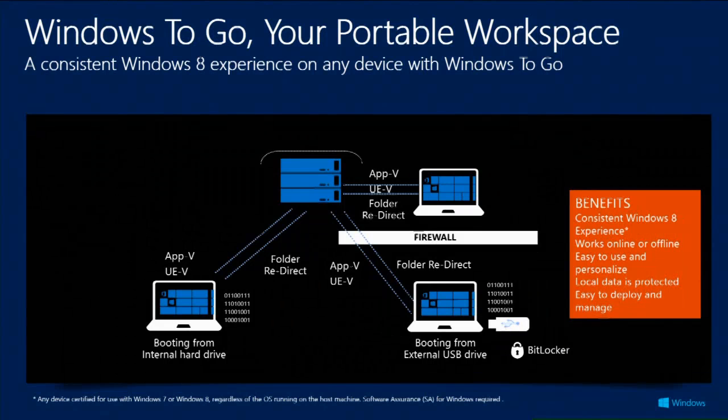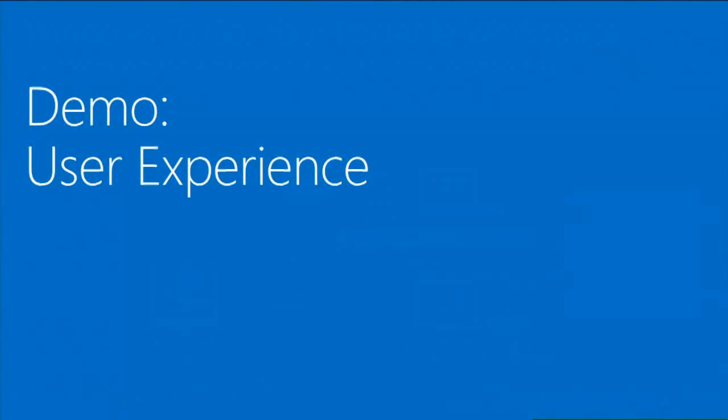Some benefits there, obviously, we just talked about as we go through. So I'd like to demo the user experience of this for some of those who haven't tried it so far. So I'm going to switch over machines here.